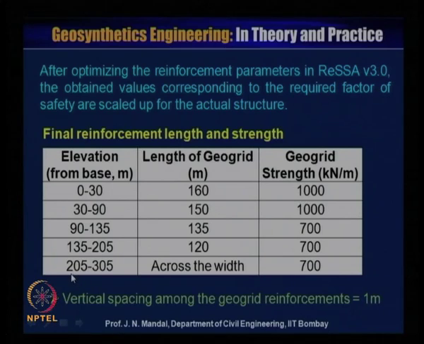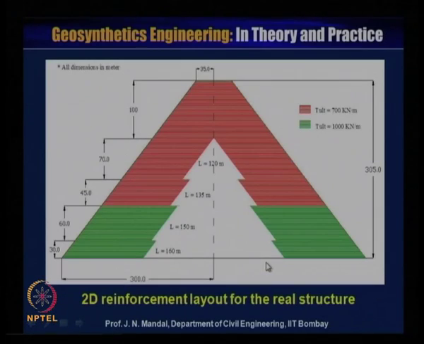And next, 205 to 305, this is across the width, and the geogrid strength is 700 kilonewton per meter, from here to here across the grid.